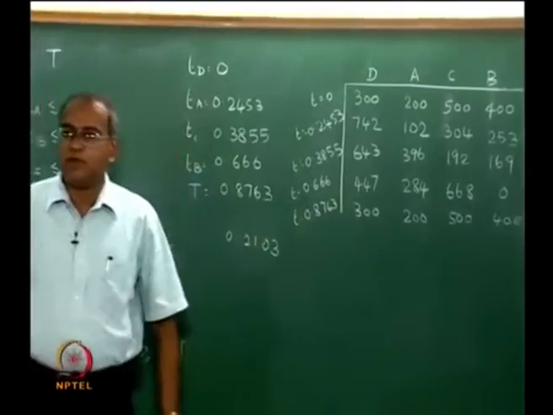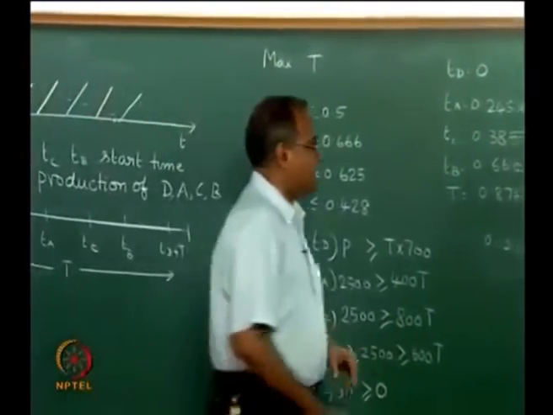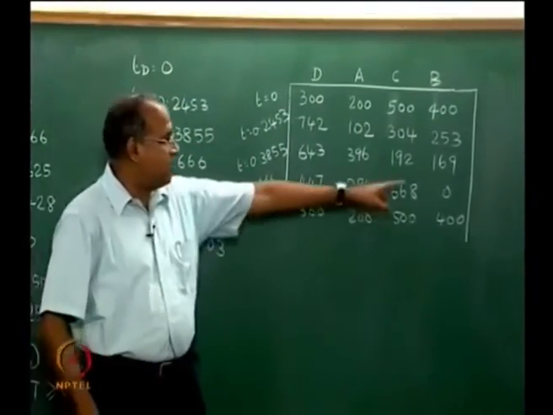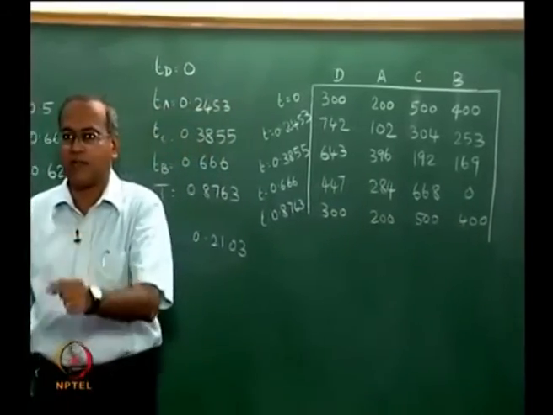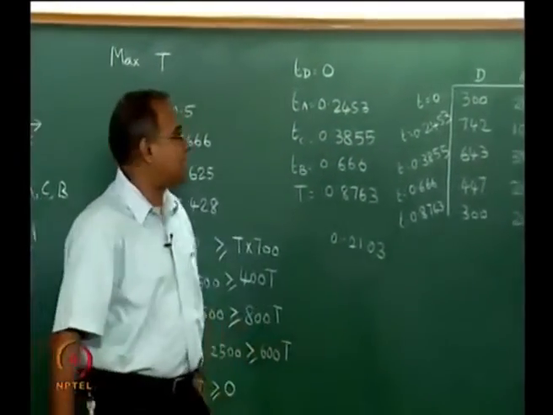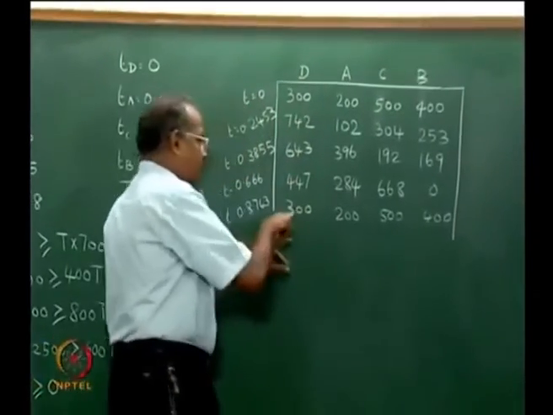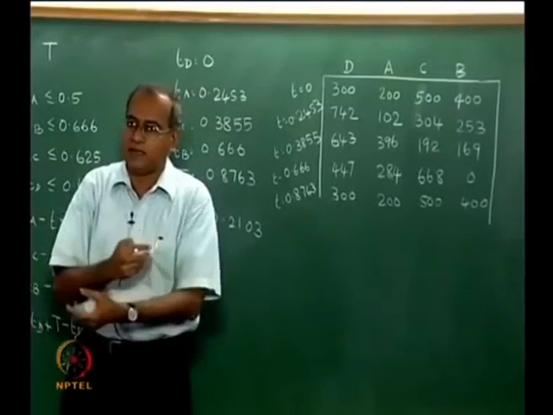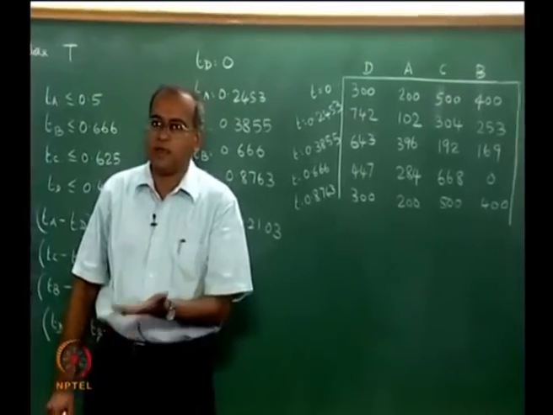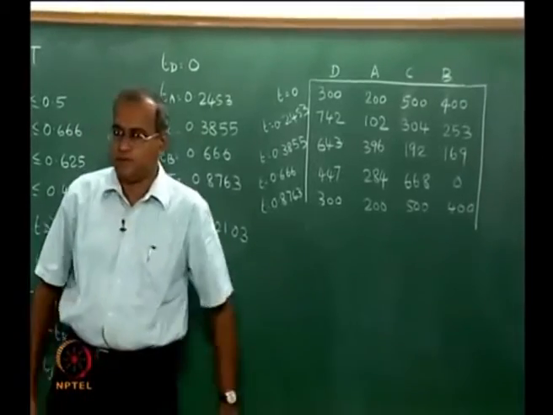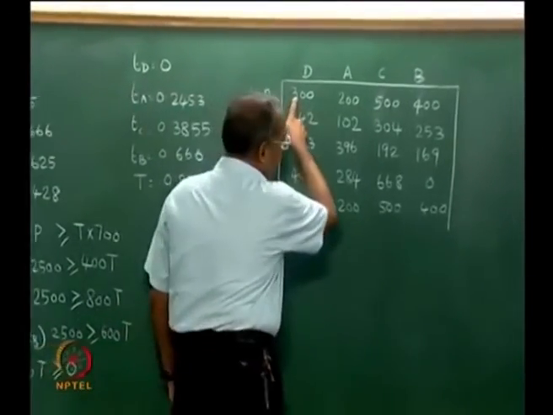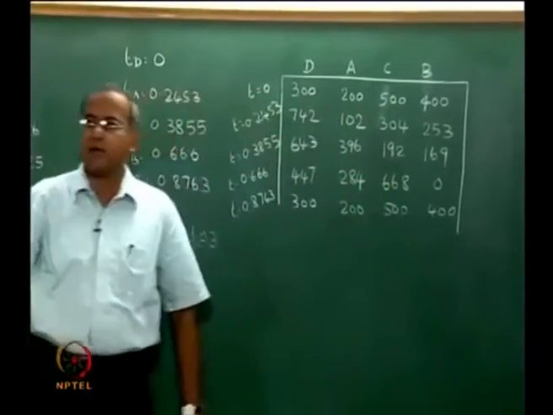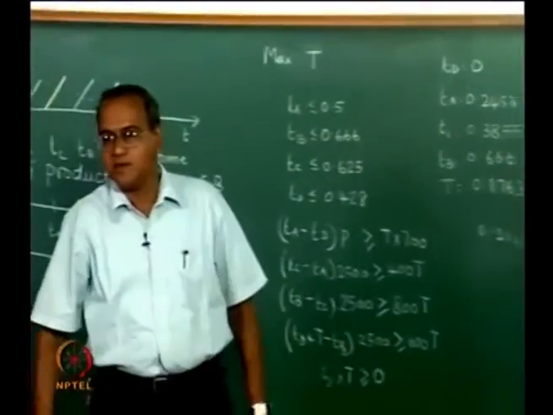So the next question is, if ideally I can stretch my cycle further, T further, if I produce an item when the inventory comes to 0. So the question is, can I keep a 0 here and can I distribute this 300 man hours to other items in such a manner that every time I start producing only when my inventory reaches 0. So here you are producing when the inventory is 300, you are producing when the inventory is 102, you are producing when the inventory is 192 and then you are producing when the inventory is 0.